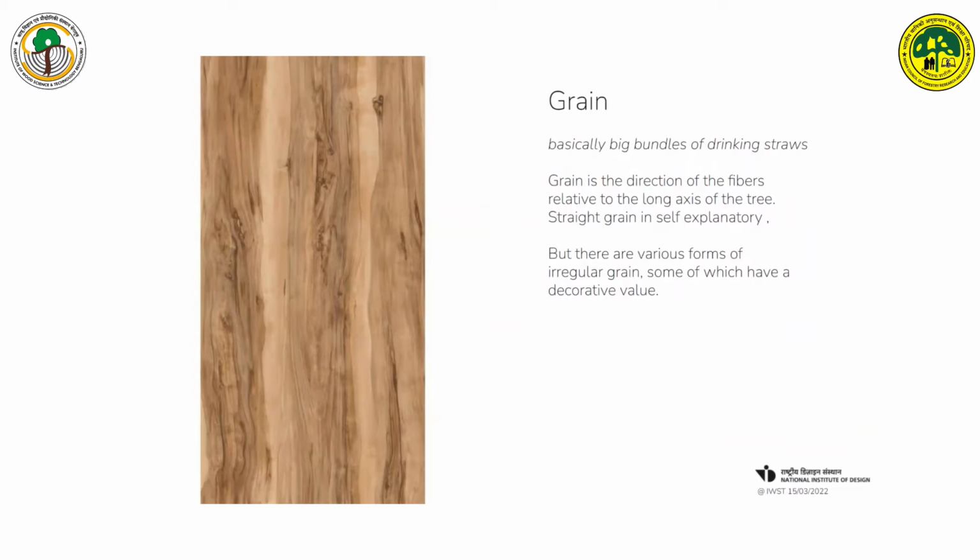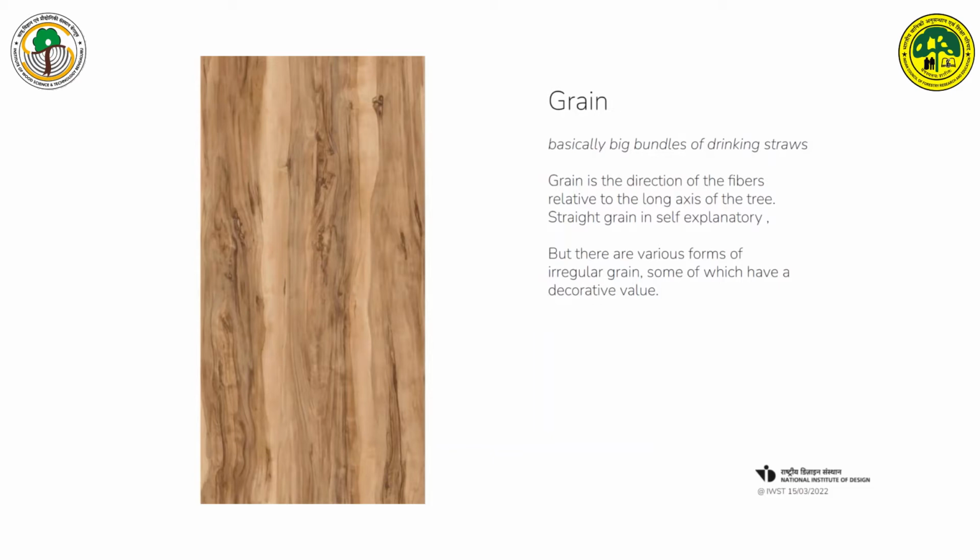The idea of grain is basically, I'm sure you are aware of the composition of wood. It's a hygroscopic material, and the cells are spread across the length of the trunk, like a bunch of drinking straws through which all the nutrition flows across the trunk of the tree.